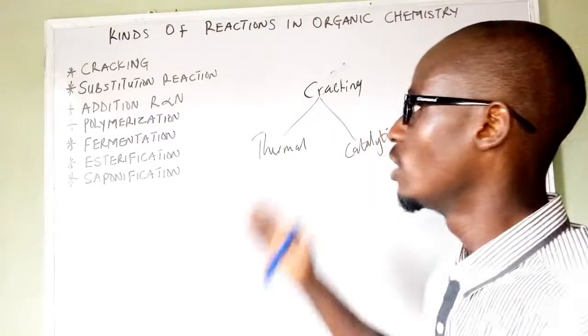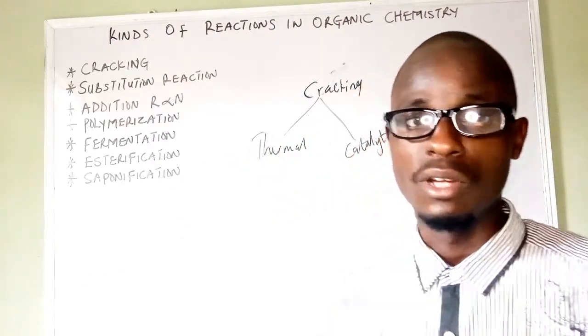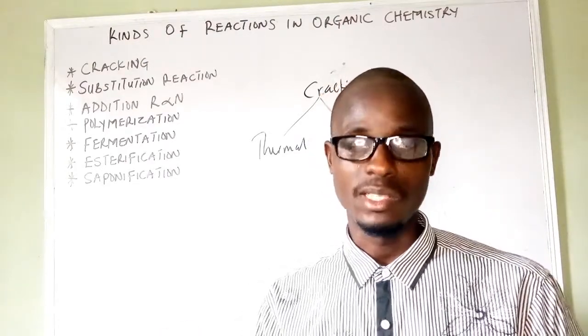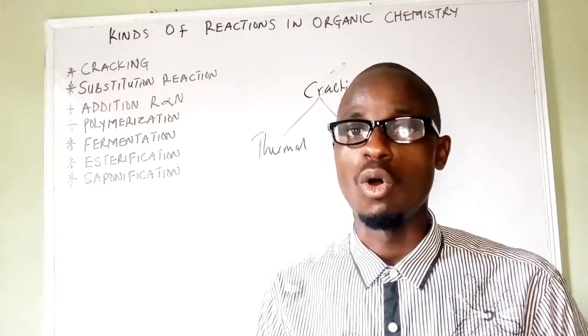So in this case, they undergo substitution reaction, and when they do, the hydrogen attached to the carbon chain is replaced by groups, which are either functional groups or atoms.